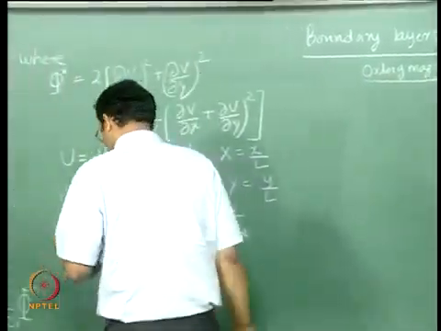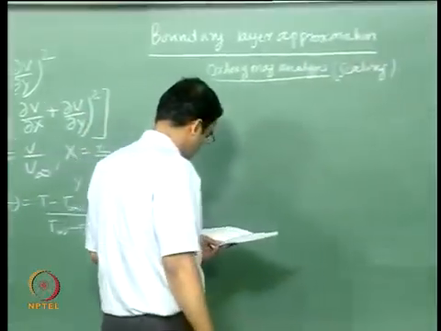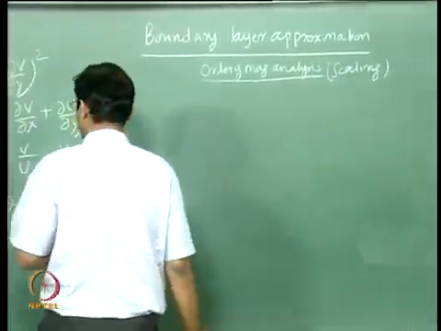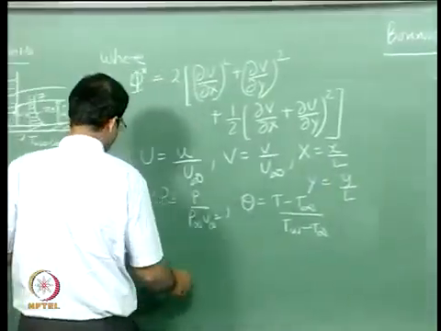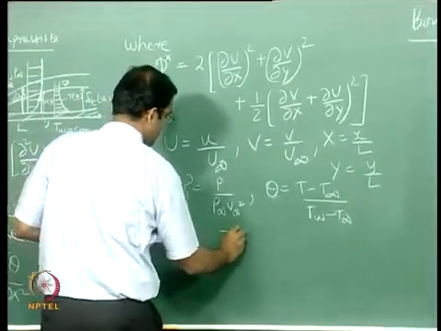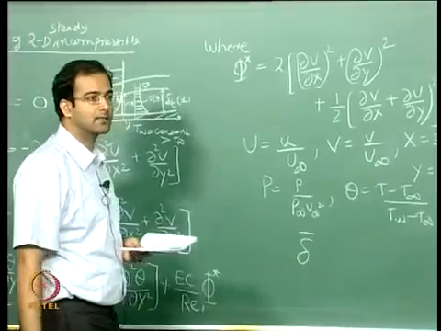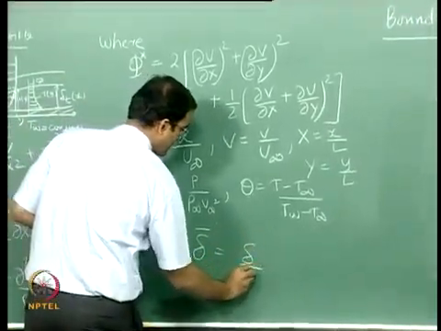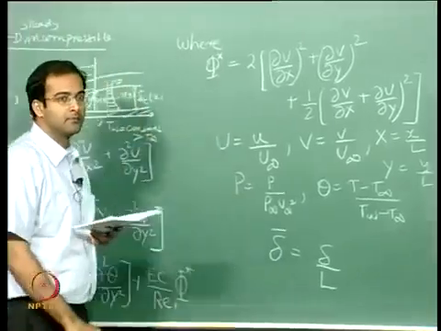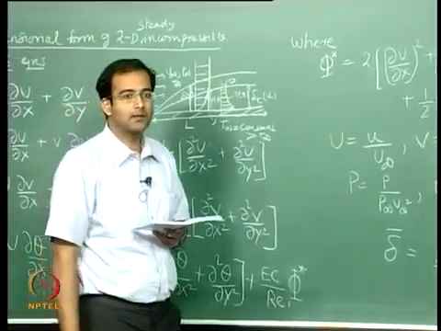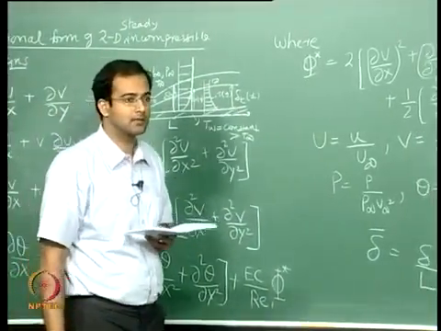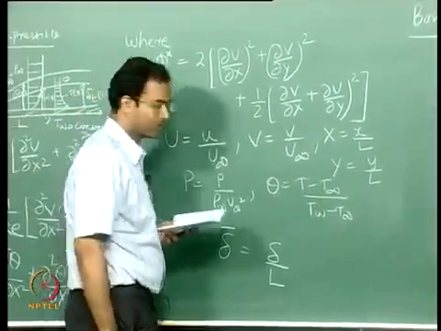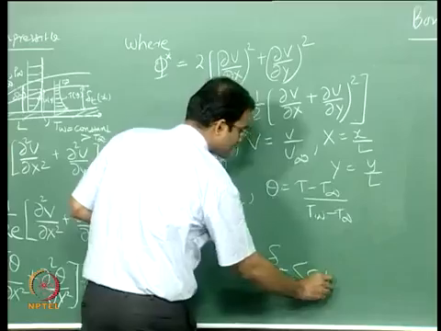So let us introduce some order of magnitude of certain quantities here. Before that, we will introduce what is called a non-dimensional boundary layer thickness for velocity. Let us call this delta bar, which is nothing but delta by L. And obviously for boundary layer flows, this quantity should be very small.